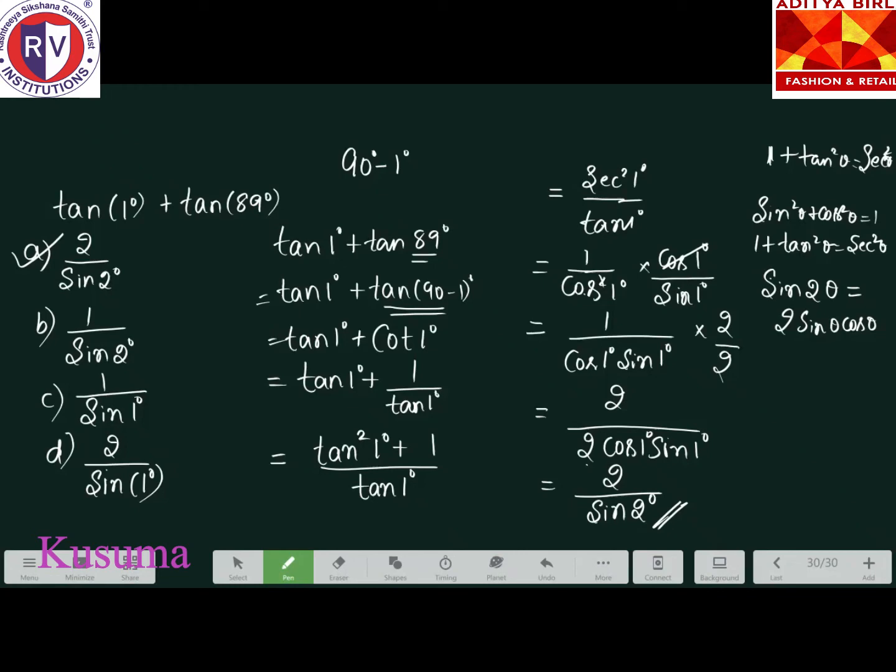Look at the next question. So the question was in the year 2015. (x plus 1) whole square divided by x cube plus x is equal to a by x plus (bx plus c) divided by x square plus 1.